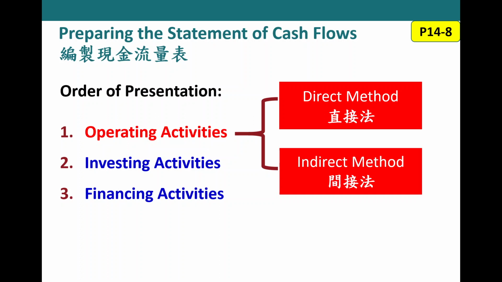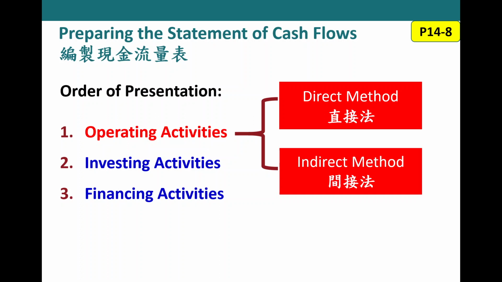So how to find out our cash flow from operating activities? This is the key point from this chapter. The other two activities, not very important. Why? Because the other two, you just think about it with your instinct. So you just think about it directly, you know the answers. So the difficult part is operating, because operating activities, you need the skills, the logic to know how to get the cash flows.